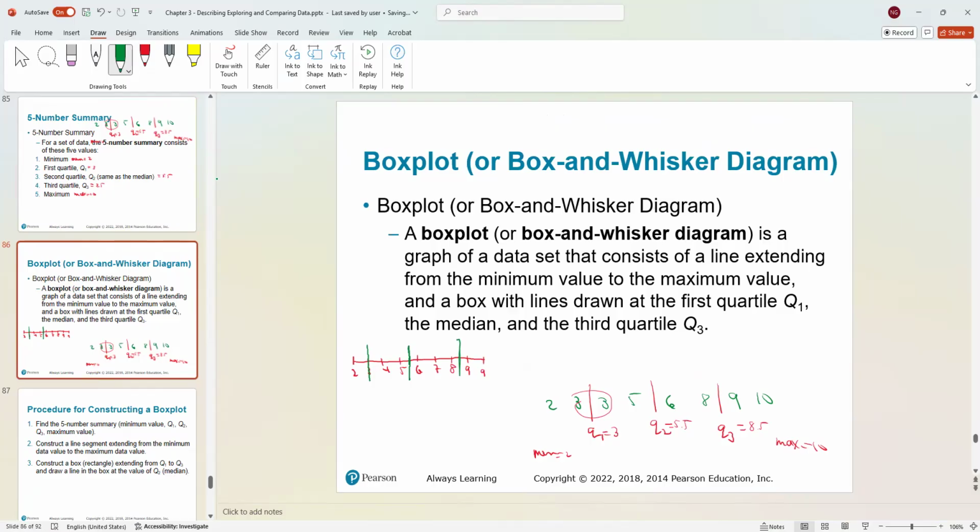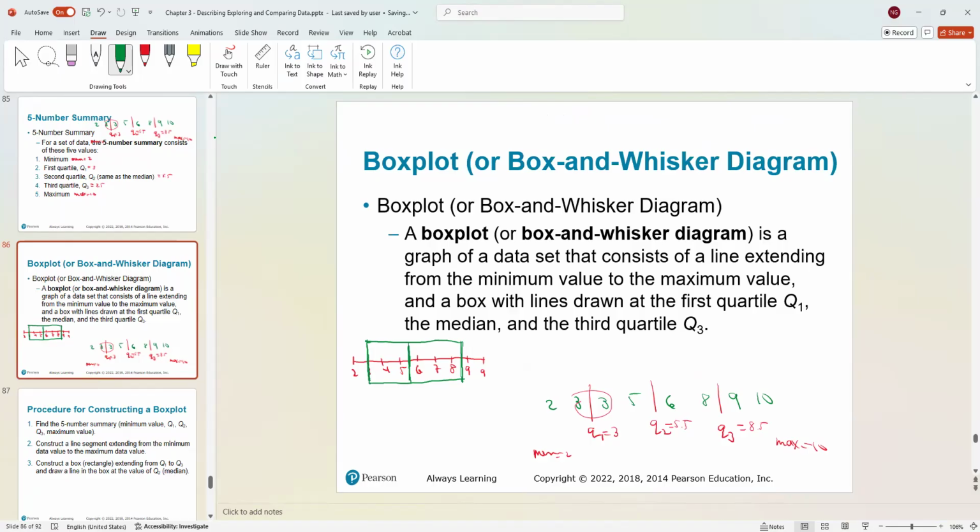So I can connect these three. Okay, so let's connect these three.